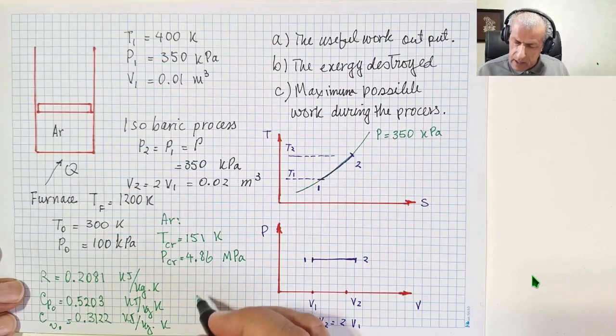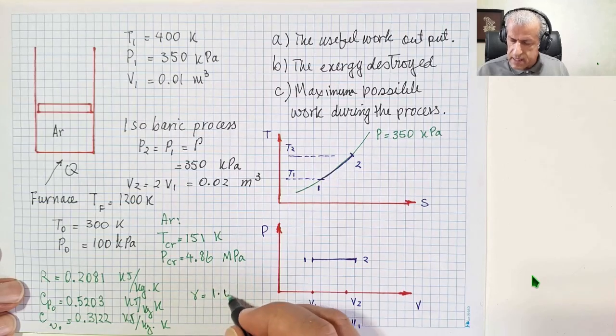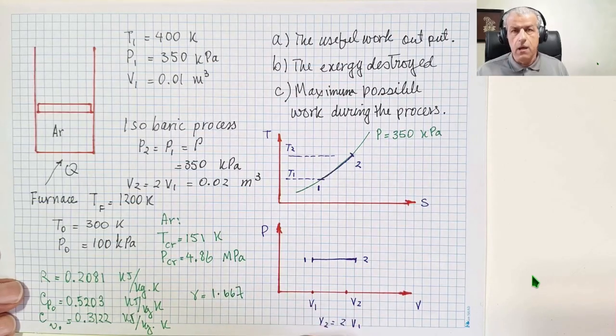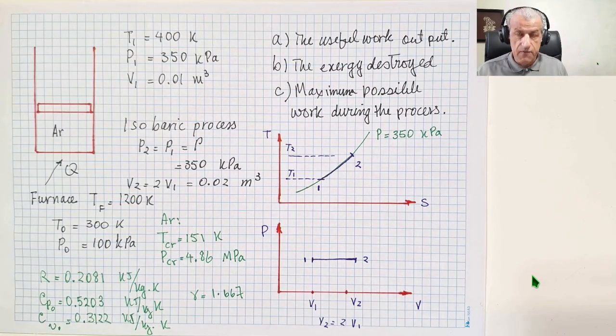And finally, gamma, which is the ratio of CP0 and CV0, is 1.667. These are argon properties that we have read from the table.